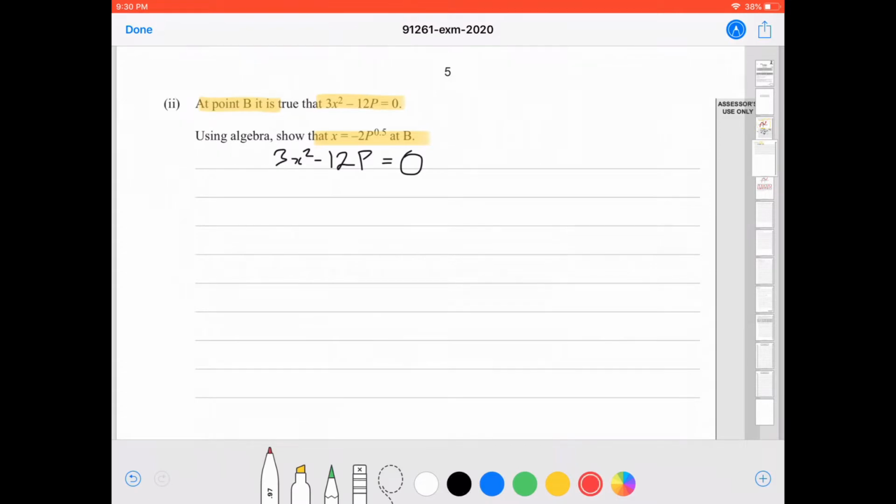It talks about point B in the question and point B here, so basically we've got all the information we need, and actually it's just a rearranging question in disguise.